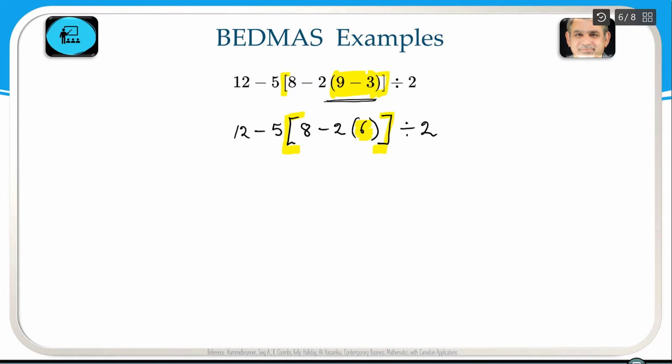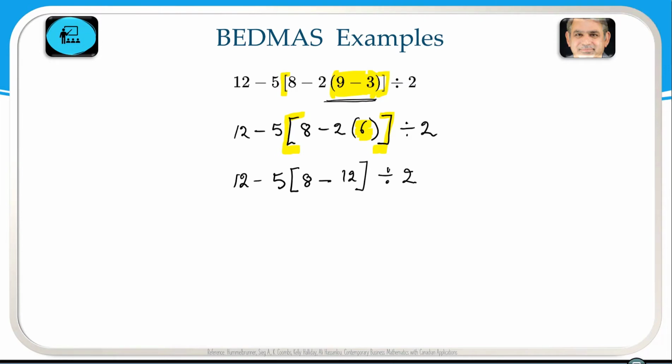Now we will solve the outer level of bracket, and to do that we will do it this way: 12 minus 5, and then this grouping sign, 8 minus this 2 times 6 gives us 12. So this grouping sign closes, divided by 2.